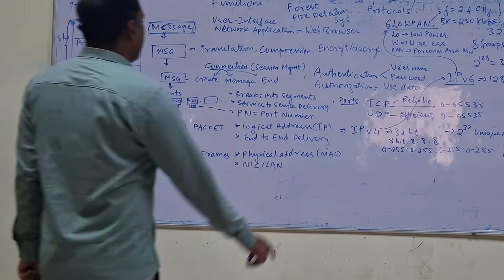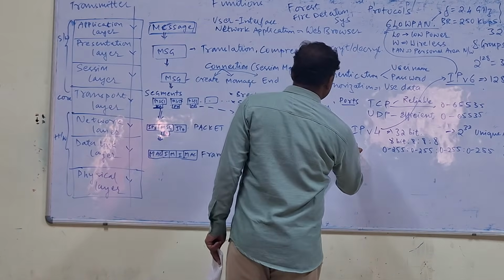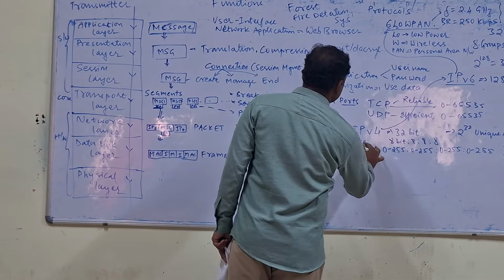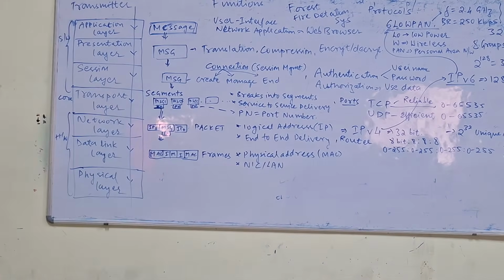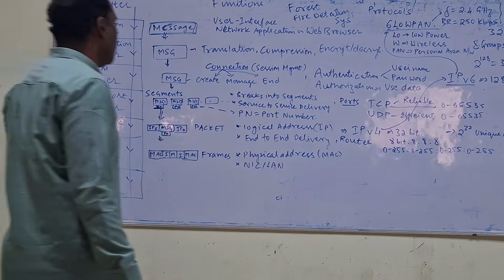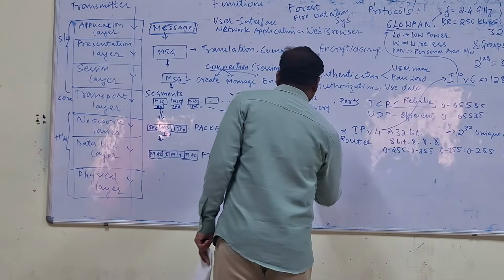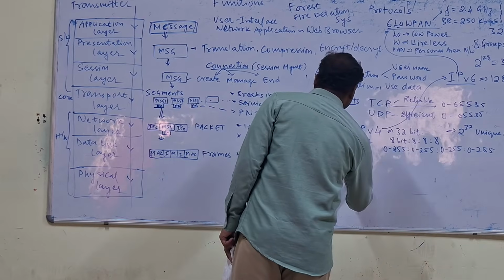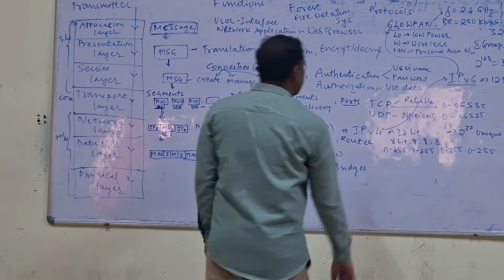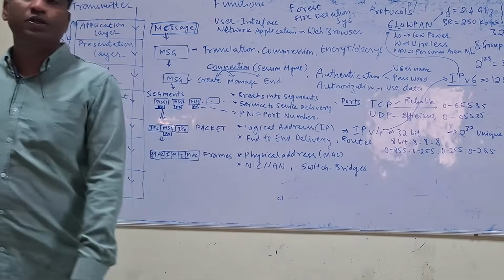So at the network layer, when we forward, the technology we are using is the router. Here at the data link layer, the technology we have is switches and bridges.